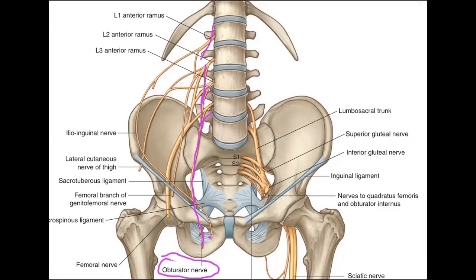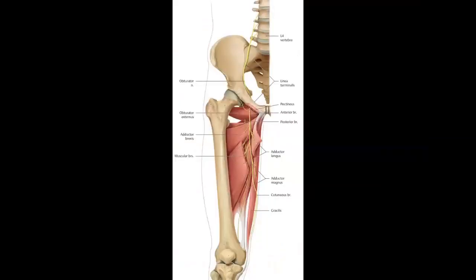This is the medial border of psoas major, whereas the femoral artery is in the lateral border of psoas major. Here is the L4, coming like this and having branches there. That one is the obturator nerve.